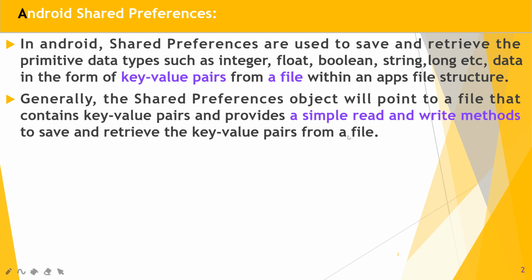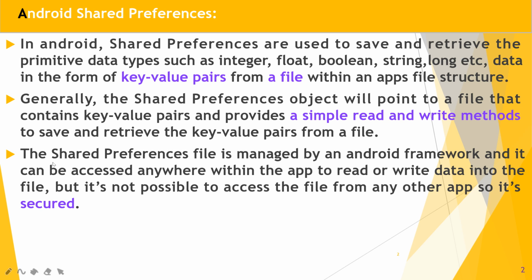So the shared preference file is present in your app, which is a secure one. Then shared preference objects point to that file and read and write the data from that file using key value pairs.